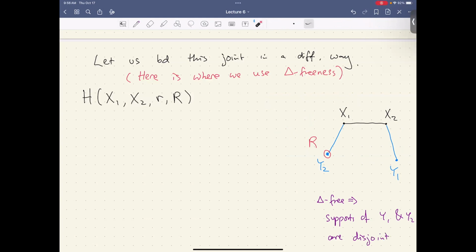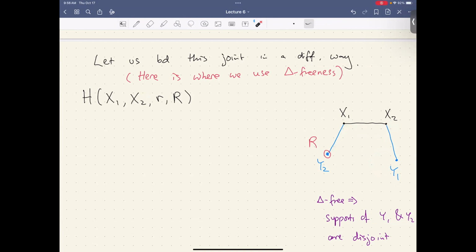If there's a vertex that can serve as both Y1 and Y2, you get a triangle, which is forbidden. So the choices for Y1 are disjoint from the choices for Y2.